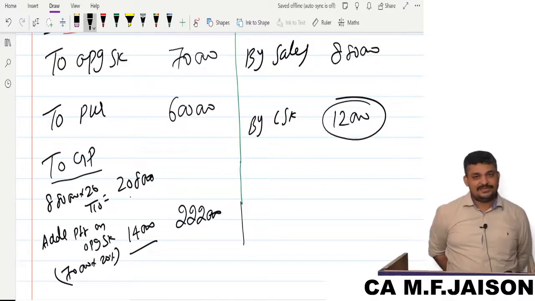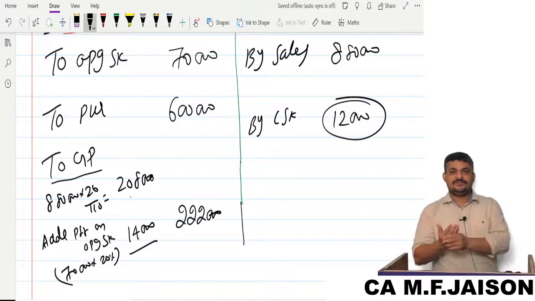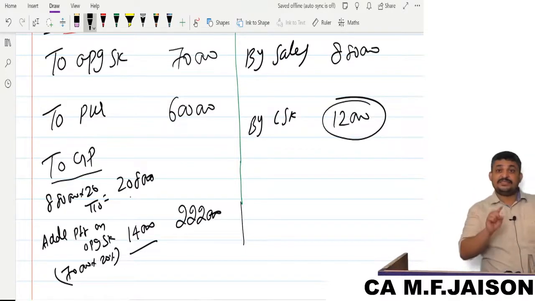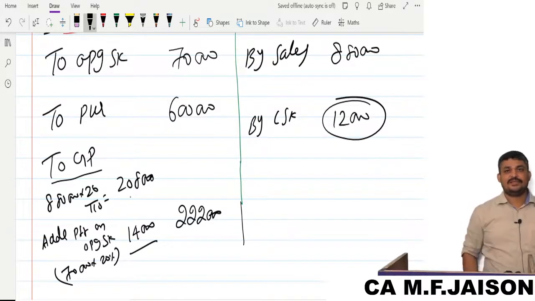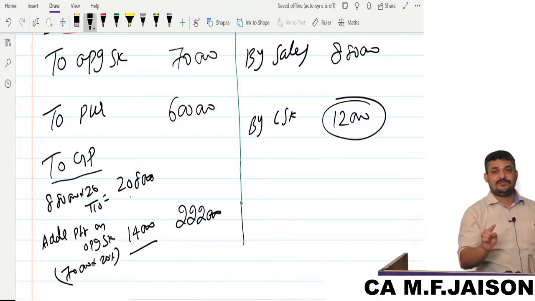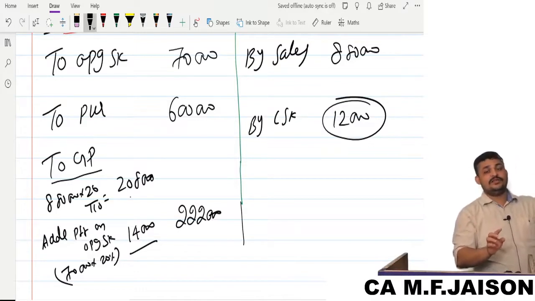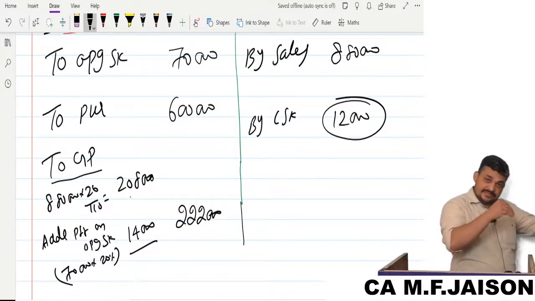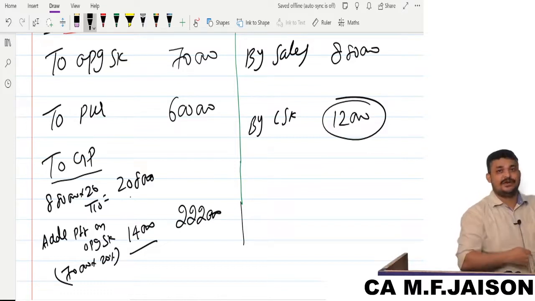Correct? Yes, see, last year I bought for 5 rupees. And this year, if I have to purchase, it is 7 rupees. If I have to sell, the selling value is 20 rupees. This year's purchase, 20 minus 7, is the profit.